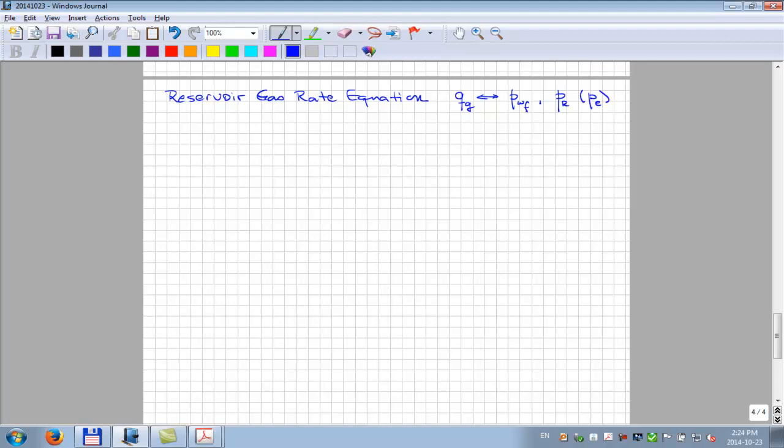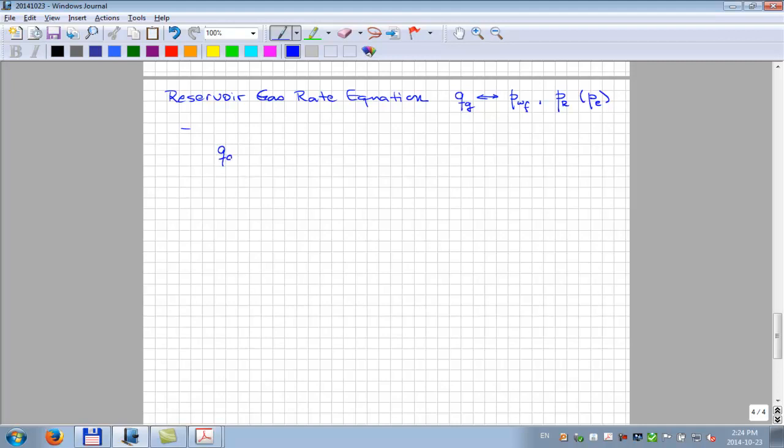Okay? And to develop this equation, I'll just give you the final form of the equation, and then we'll work our way towards how we got there.